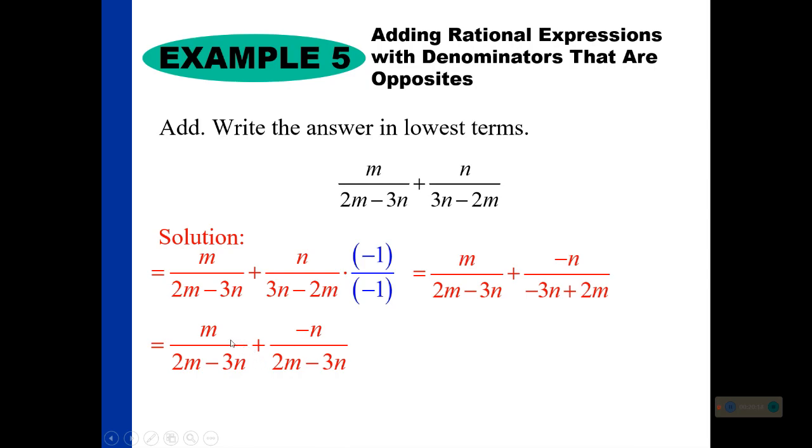You cannot add m and negative n, so simply, you will obtain m minus n. Because, again, you can only add or subtract polynomials if and only if they are like terms. So we have here 2m minus 3n in our denominator. So we have here the final answer, again, m minus n over 2m minus 3n.